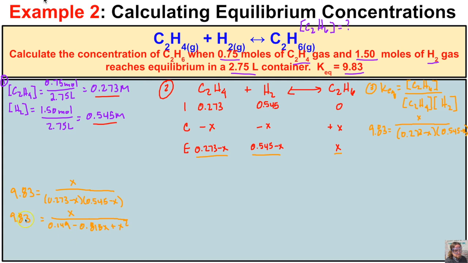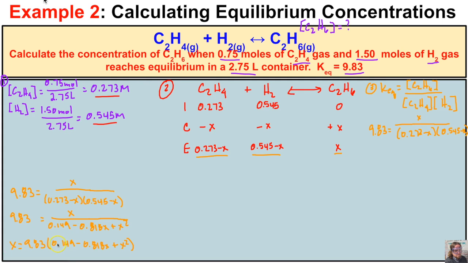And so if we cross multiply, it looks like we're going to have x equaling 9.83 times 0.149 minus 0.818x plus x squared.